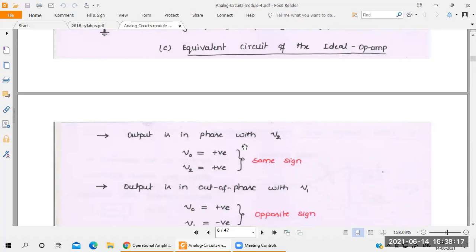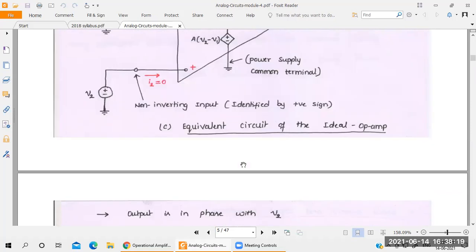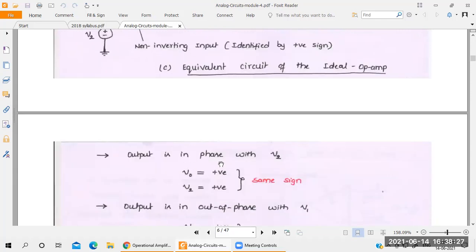That is the non-inverting case. When V2 is connected to the positive terminal here, this is non-inverting, in phase. So V0 is equal to what now? V2 voltage. V0 is equal to V2 when there is no change in the phase. Because this is non-inverting, there is the same sign. V0 is positive, V2 is positive, so there is a non-inverting amplification.